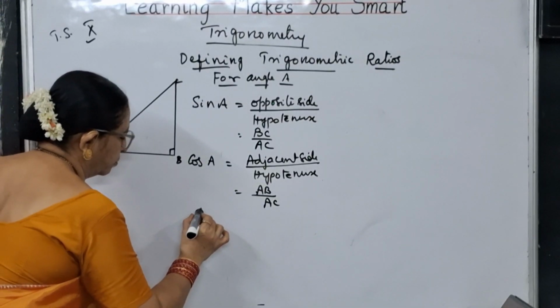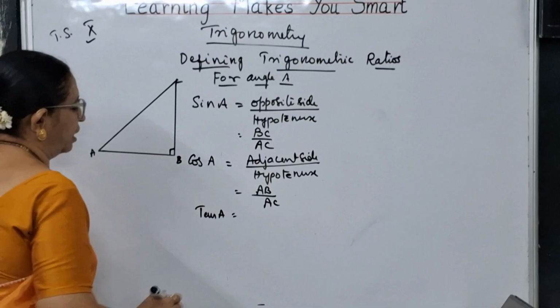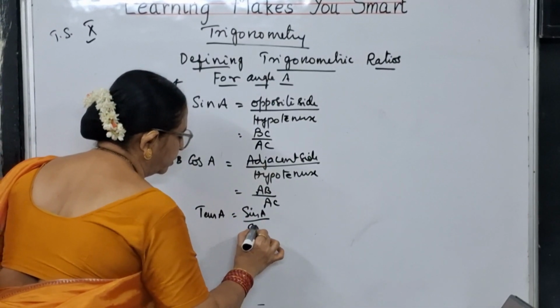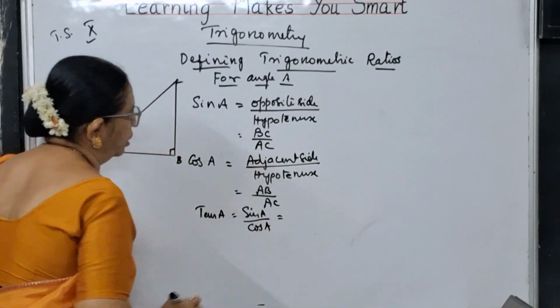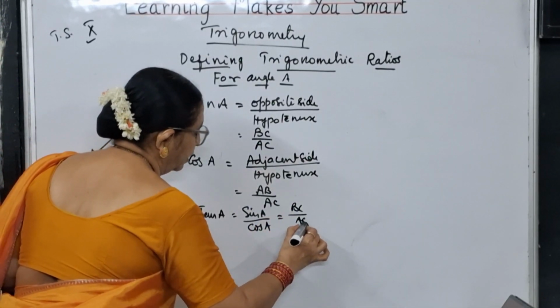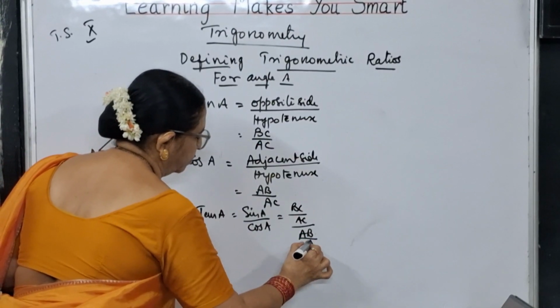Now, let us talk about tan A. Tan A actually has a formula of sin A by cos A. So what is sin A, children? We have got BC by AC divided by cos A, which is AB by AC.